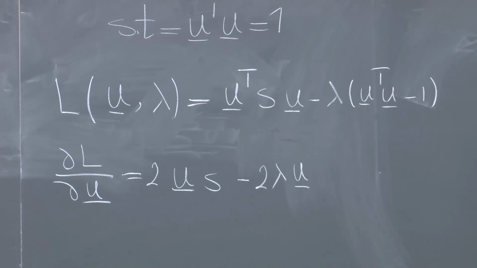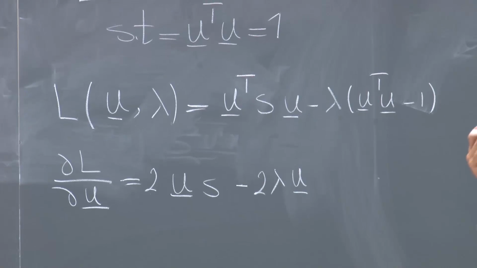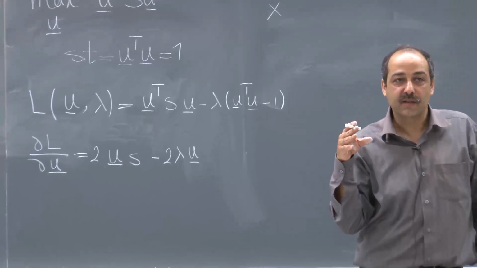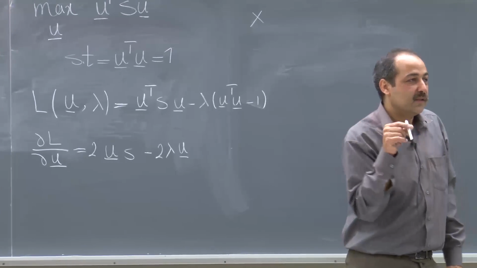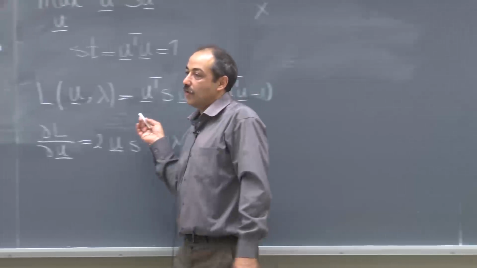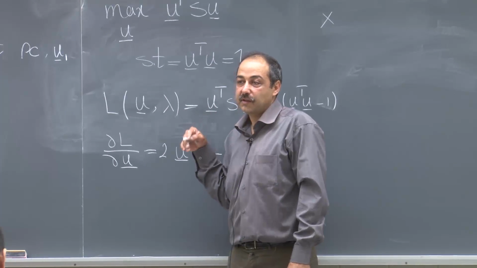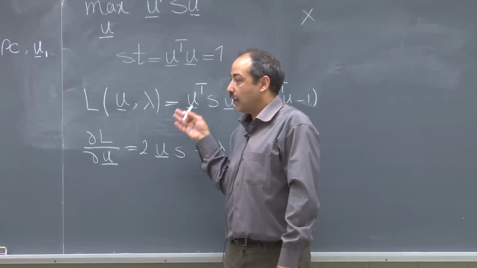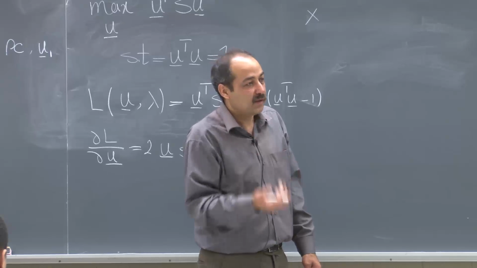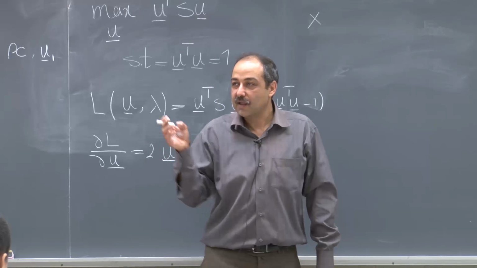In my web page, there is a link to some matrix tricks in linear algebra. Just go there and look at the derivative part. In this course, quite often we need to take derivatives of matrix functions that contain matrices, vectors, traces of matrices, determinants of matrices, and we would like to know how to take the derivative of that.